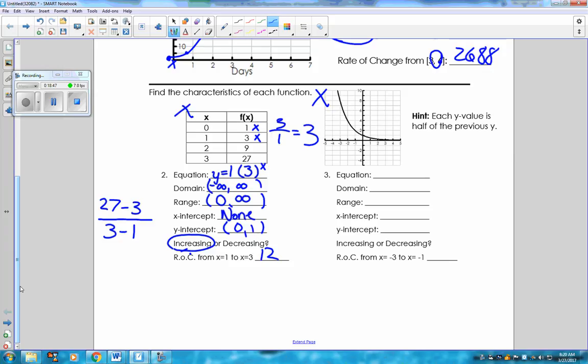Alright, so let's look at the graph. It asks us for the equation, so I'm going to write y equals. What's my initial start point? Or where it crosses 1. It's where the graph crosses the y-axis. 1/2 will go inside the parentheses, because they gave us a little hint. It says each y value is half of the previous y value.